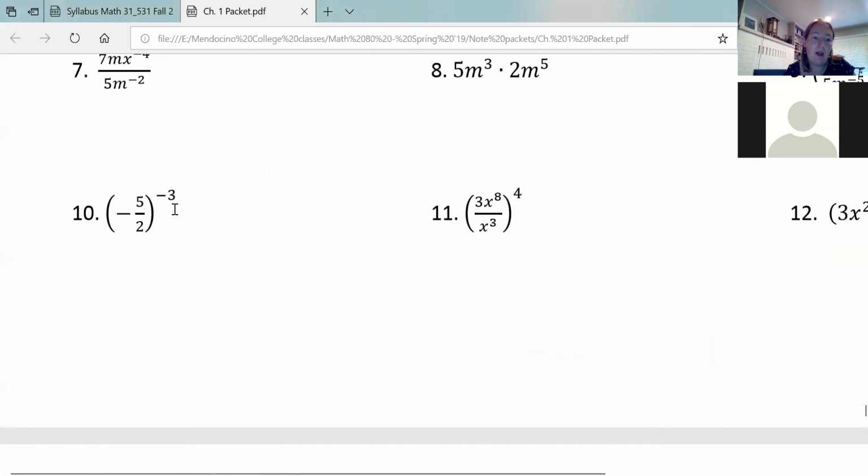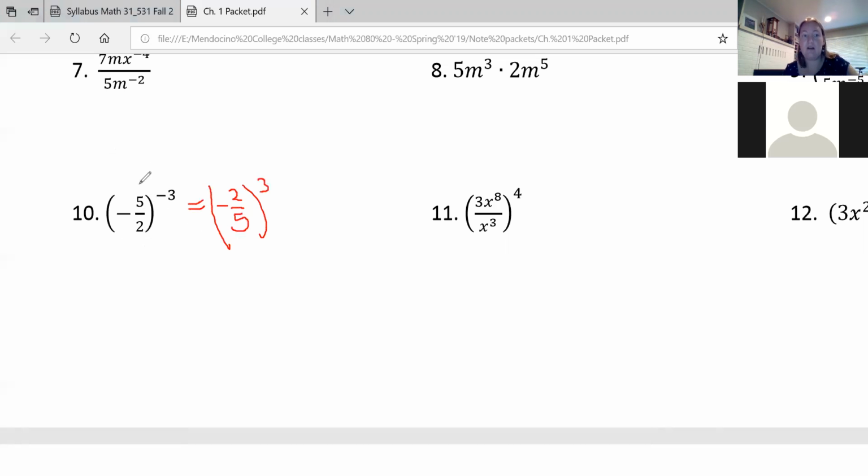So like problem like this, I would make use of that extra property that I mentioned, where if it's a negative and a fraction, you can flip the fraction part and then make the negative a positive. So essentially what you've done is you've taken care of the negative by doing the reciprocal. You've flipped it.